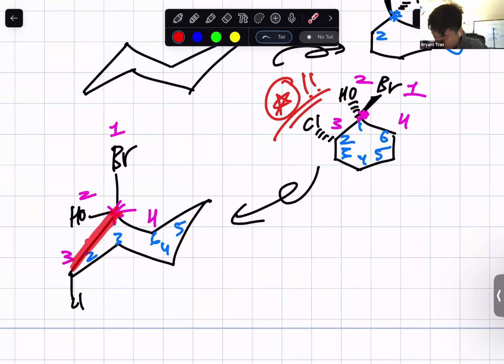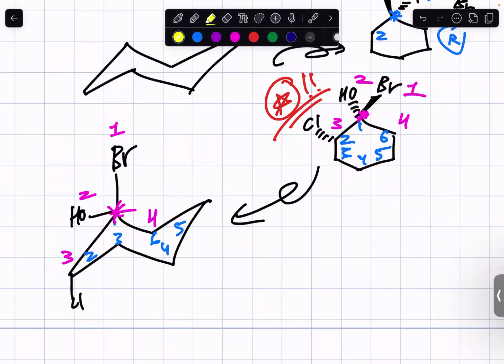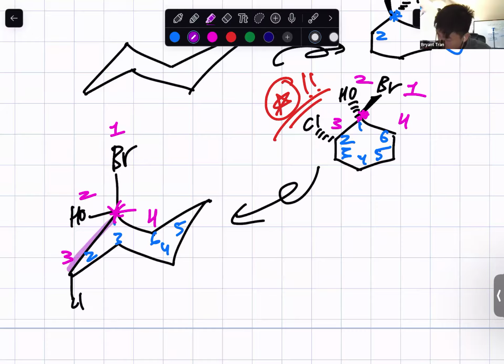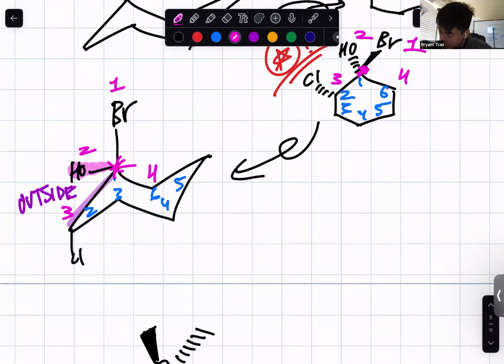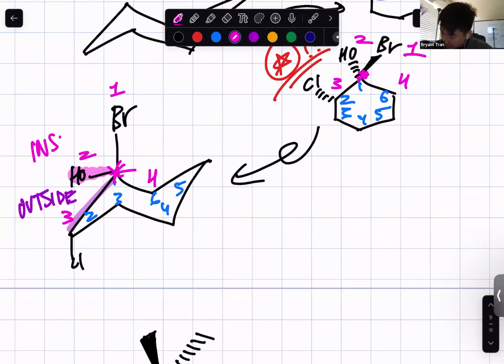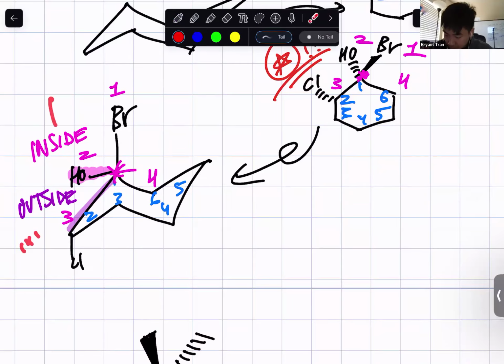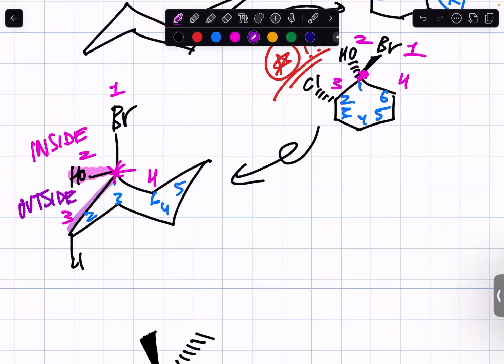And the alcohol, he considered it going inside. So that's outside, and the alcohol is going inside. Outside meaning dash, inside meaning wedge?